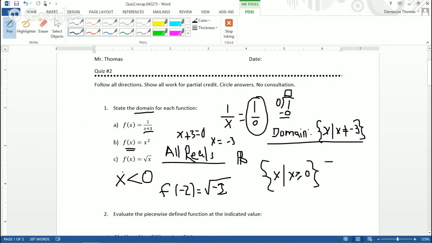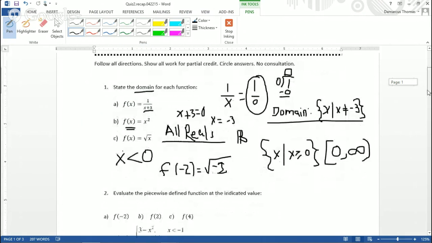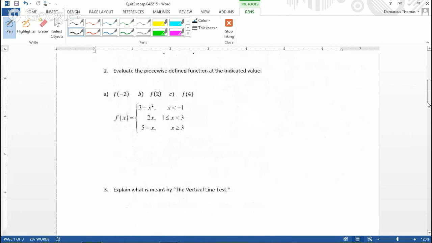In compact interval notation, we're going from 0, so I have to use a bracket, which means I'm including 0, and then everything greater, so that would be infinity. These two are the solutions there, and you can just use one or the other. You don't have to list it in more than one way. All right, let's move on.